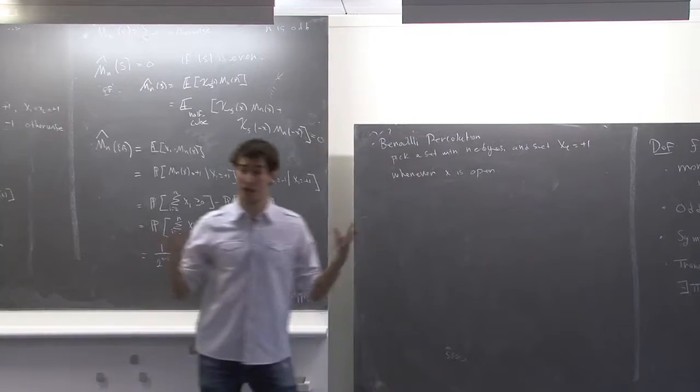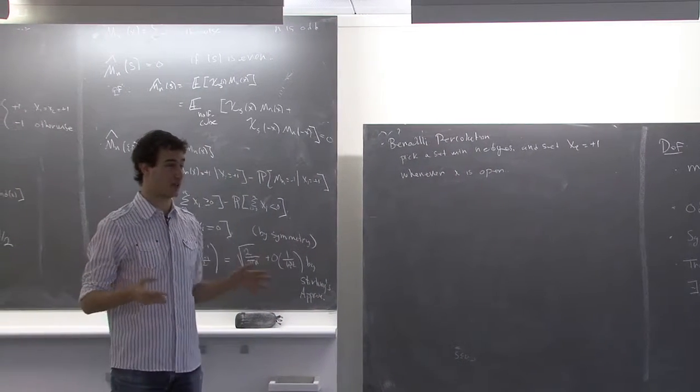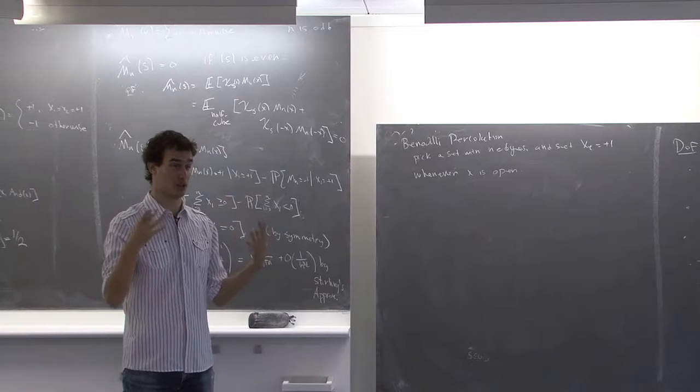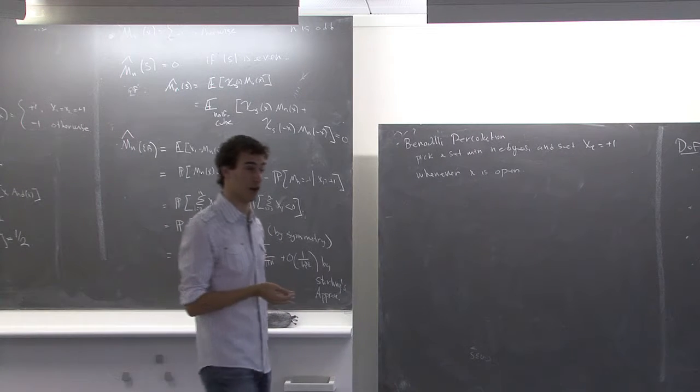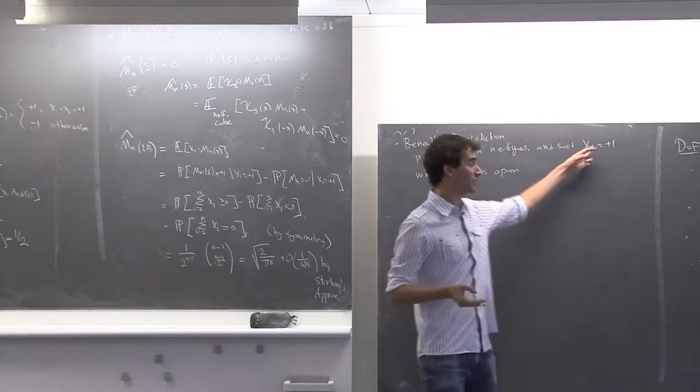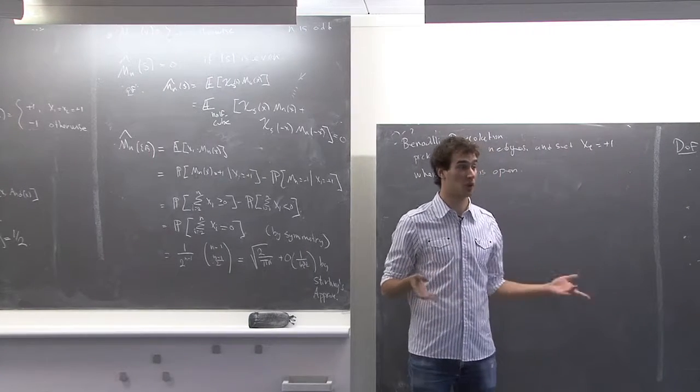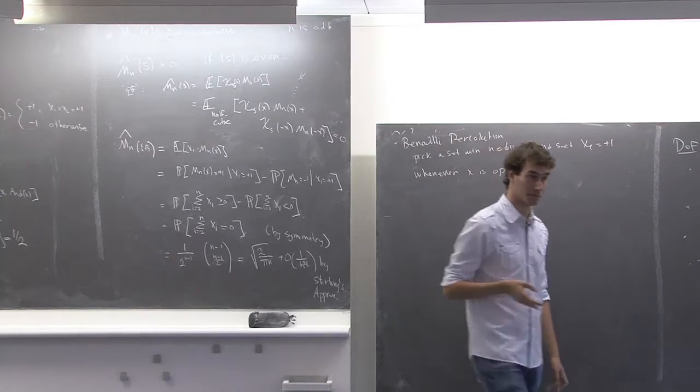If I just consider this as an abstract probability space, I just have a product measure. Each edge has probability 1/2 of being open and 1/2 of being closed. And I'm going to set xe to be +1 when the edge is open and -1 when it's closed.